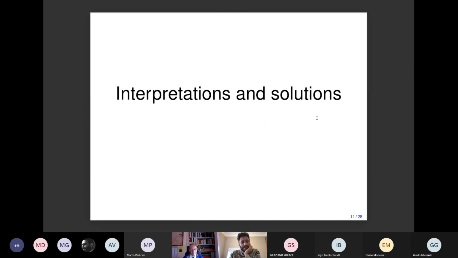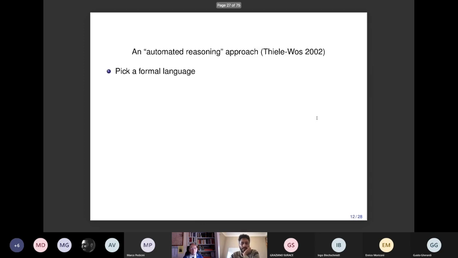Now, the possible interpretation and solution. One paper from Titolo, who is the one that discovered the Hilbert problem, and who I suppose is somebody working with automated reasoning, is more or less the following. If you are interested, there is this paper in which they explain this approach of giving a notion of simple proof in terms of a fixed formal language, and thinking about how automated provers reason.